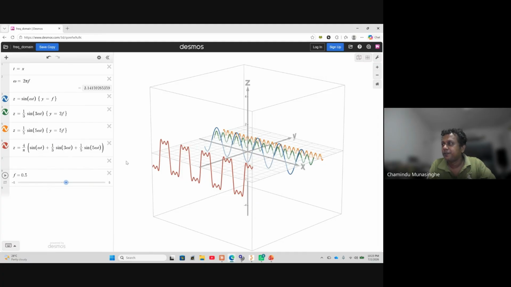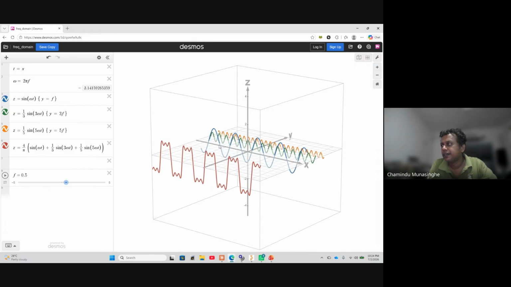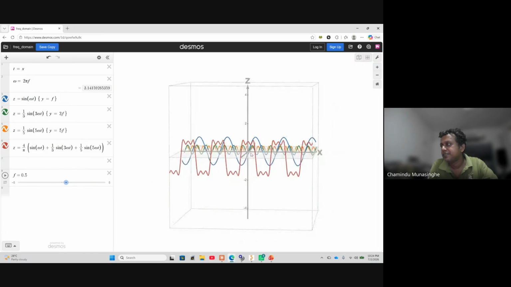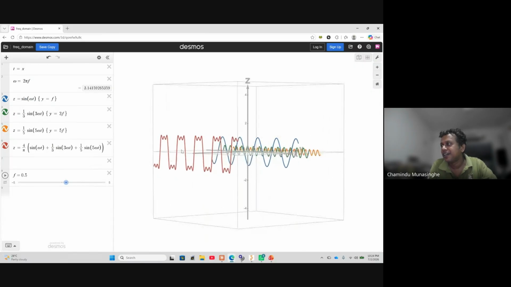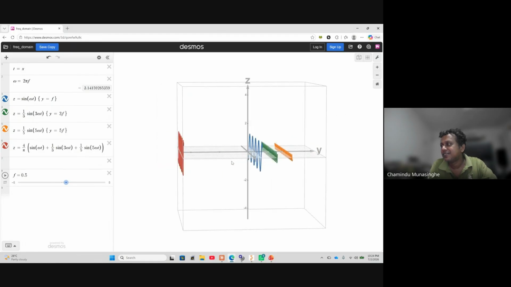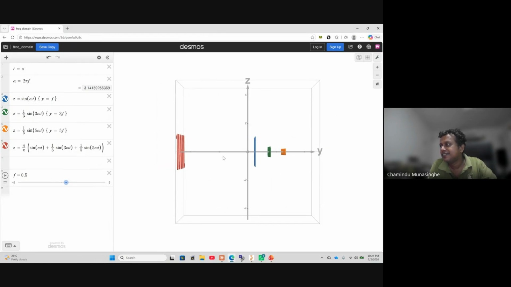So now I have this wave, which is a sum of these three sinusoids, right? And then I have them plotted here. So now this is my time domain view of this. But if I do this, because I push these waveforms on the y-axis here, right?